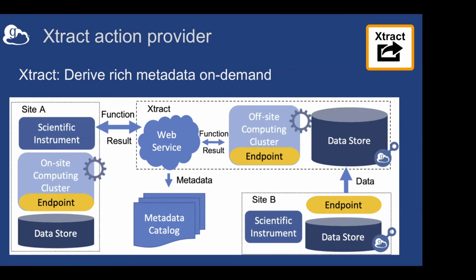So you want to automate the process of extracting that and then pushing it out to some type of catalog. In many cases, that will be the Globus search service, so that people can go ahead and discover those data sets.